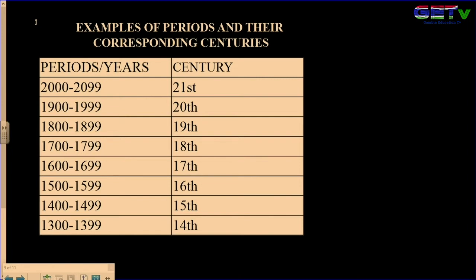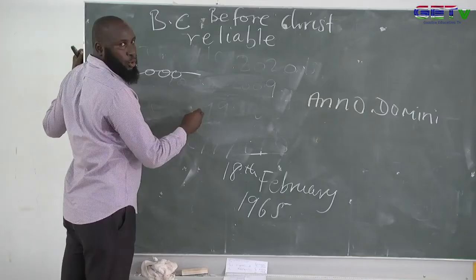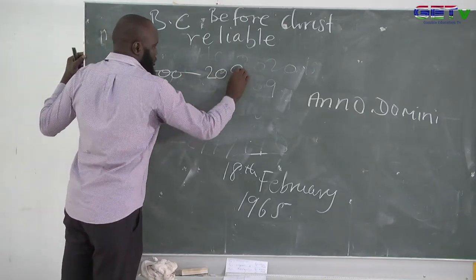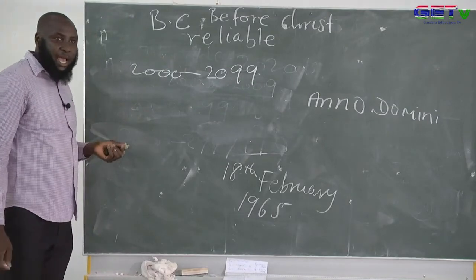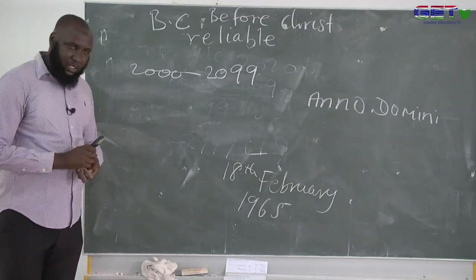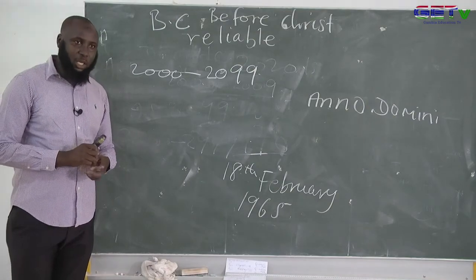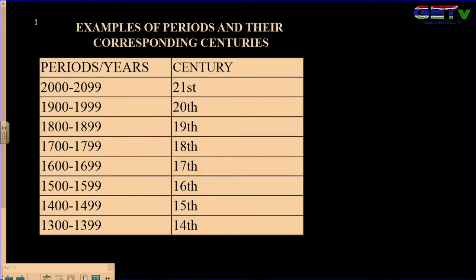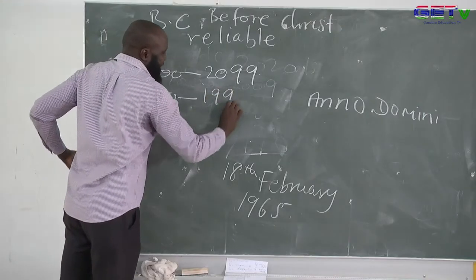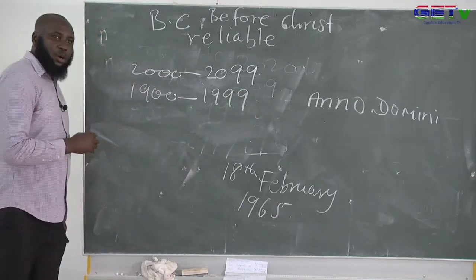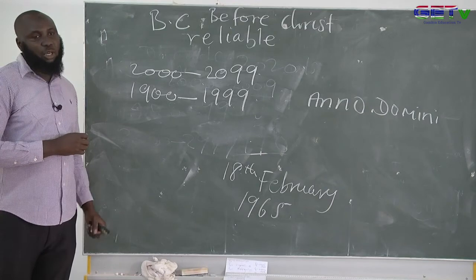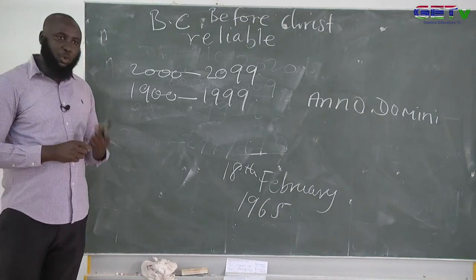From 2000 to 2099 is the 21st century. That's what we are in. And 1900 to 1999, this period was the 20th century.